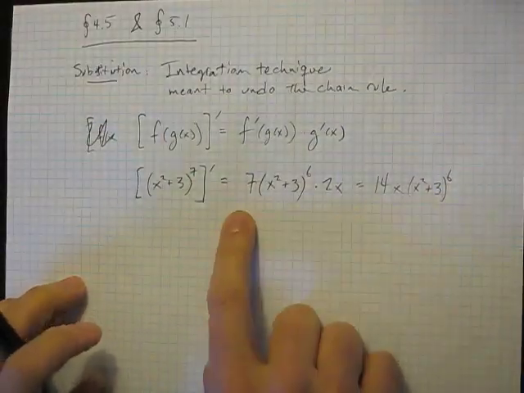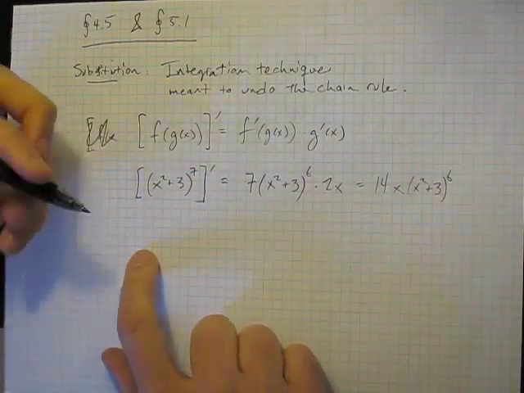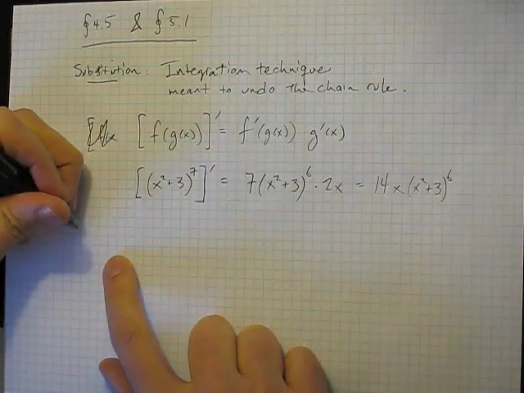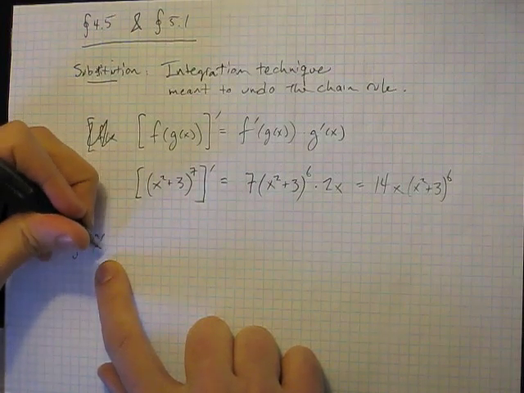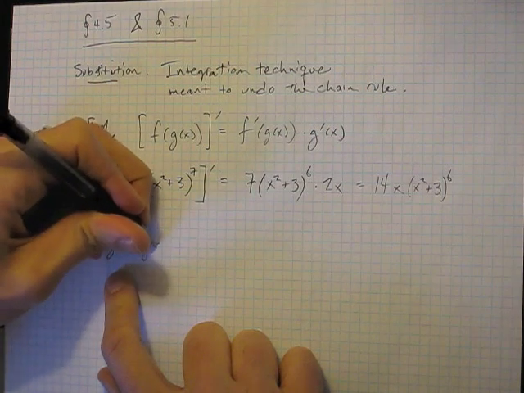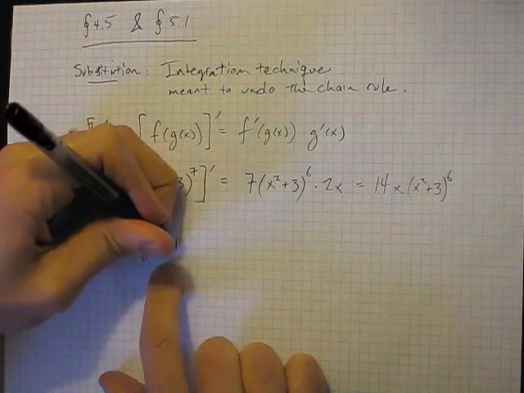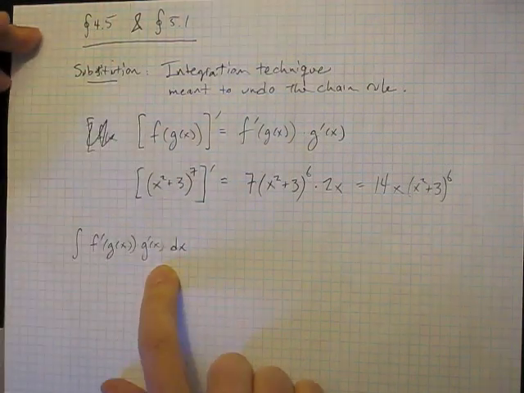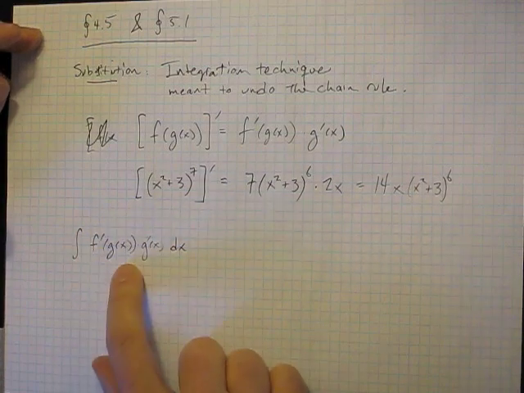Okay, now flip this situation. Suppose you wanted to integrate. Find the definite integral of something that looked like this. So you're integrating this function here, and you recognized that someone used the chain rule to take this derivative.